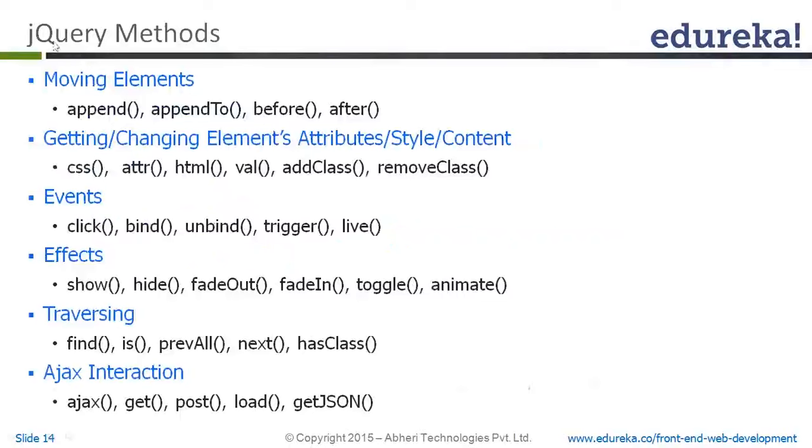For moving you have different API calls, for getting and setting, for binding events, for effects, for traversing elements within the DOM tree, and for doing Ajax. These are just a few API calls I listed for handy reference, but note this is not an exhaustive list. You should always refer to the API documentation for the exhaustive list of functions.